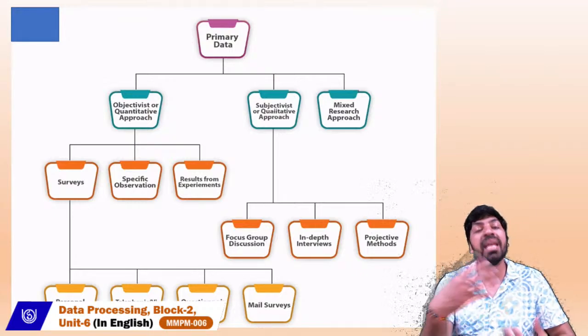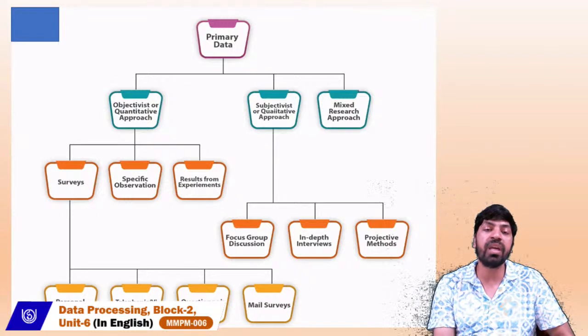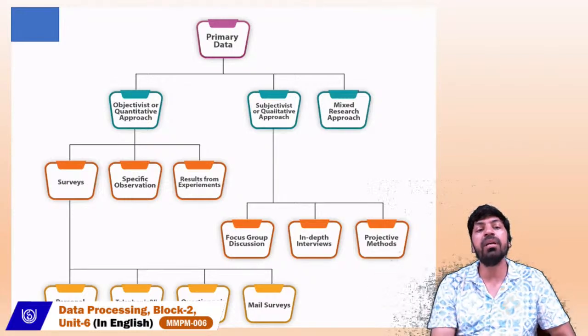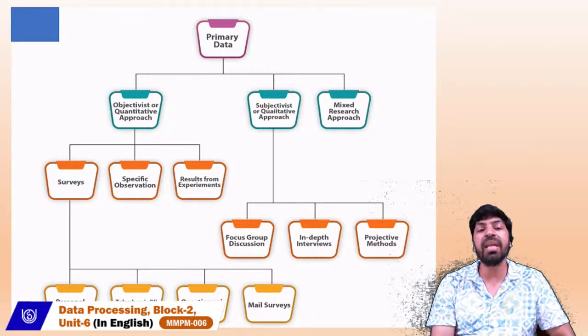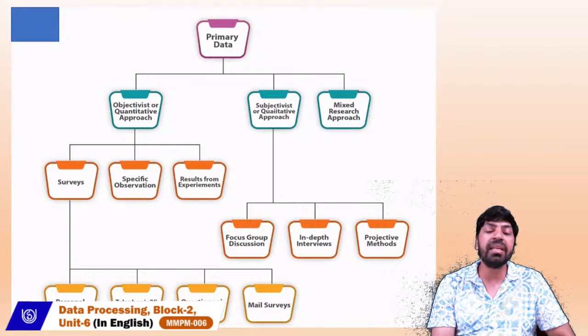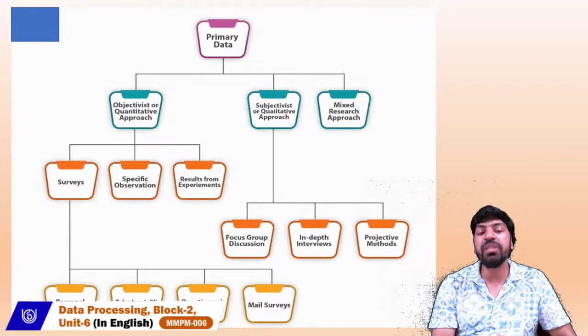You can easily email a survey link to the respective respondents. So these are the main categories of surveys, and the survey is to be done through these modes only.